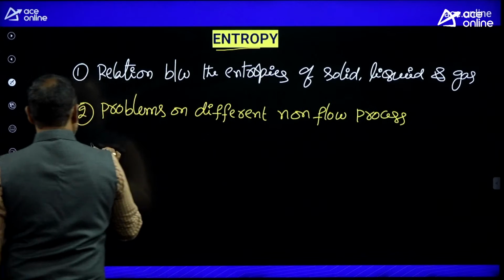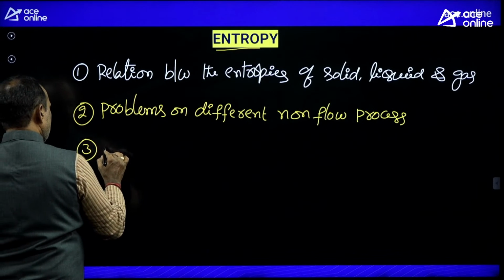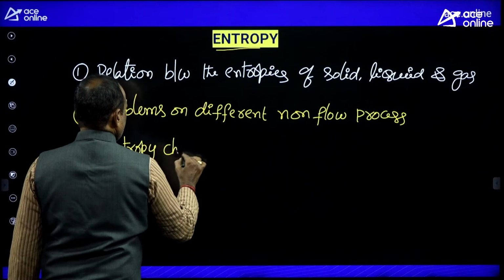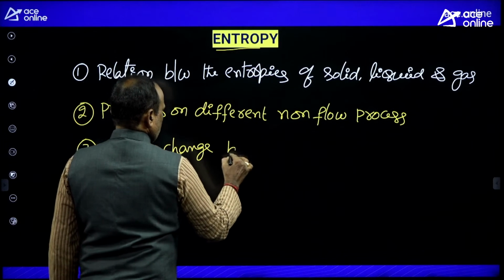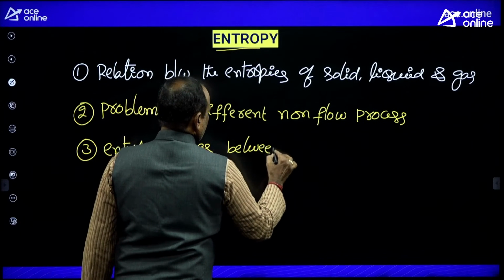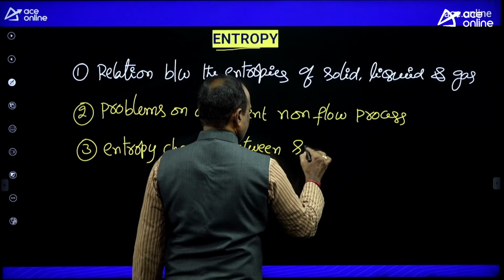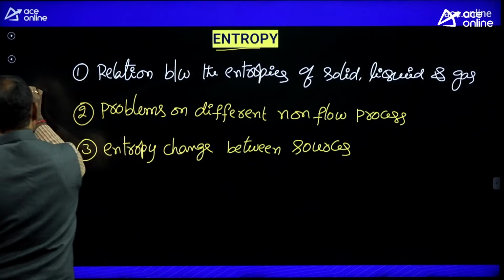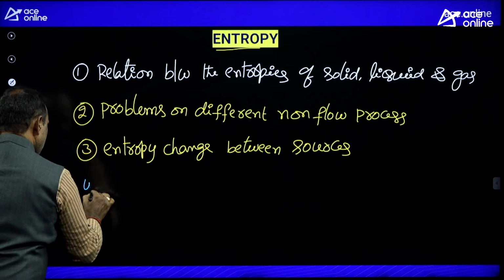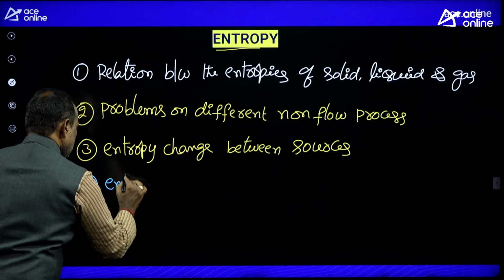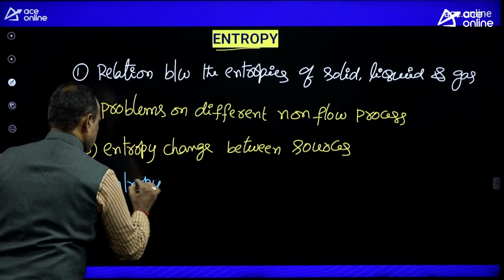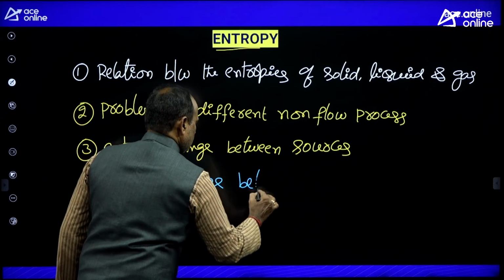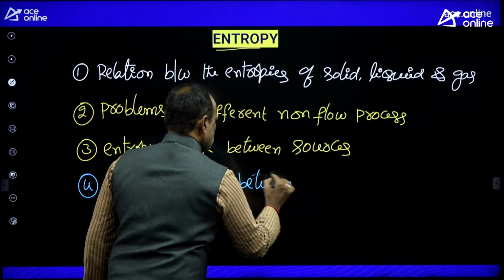Then try to practice the problems on entropy change between the sources like hot source and cold source. Similarly, try to practice the problems on entropy change between source and body.